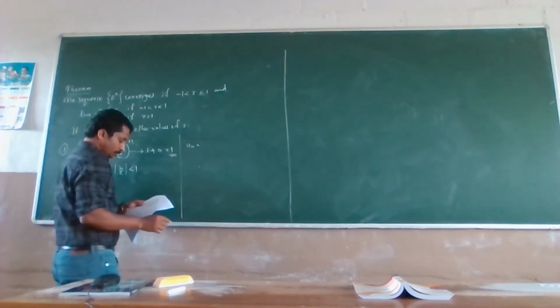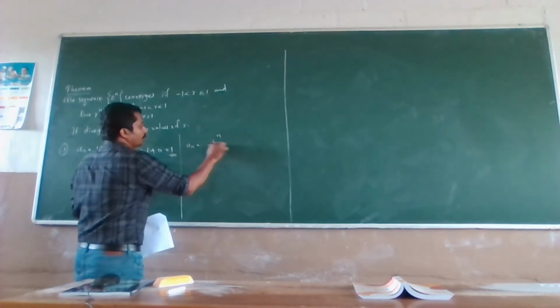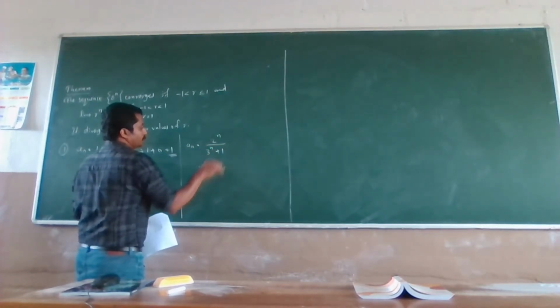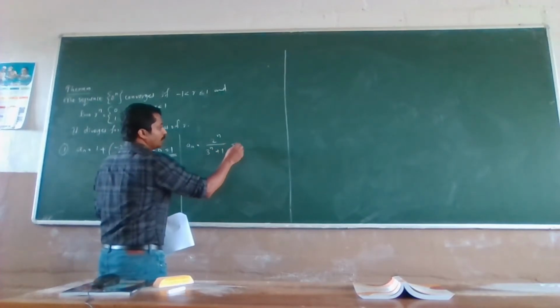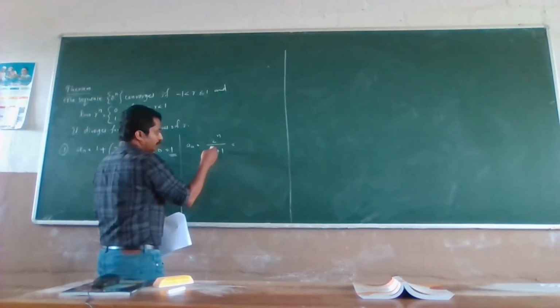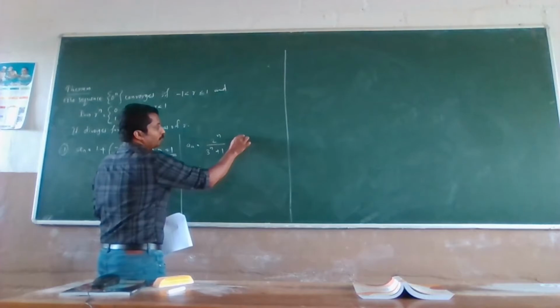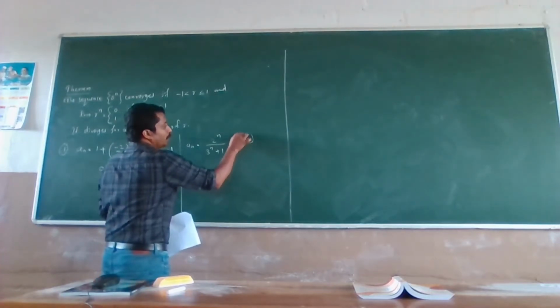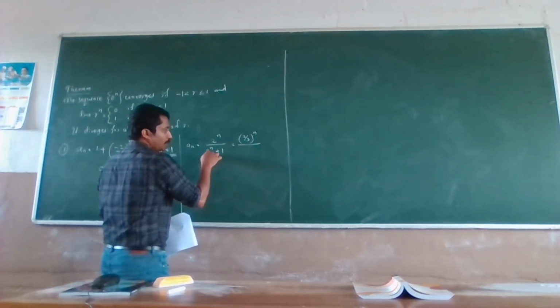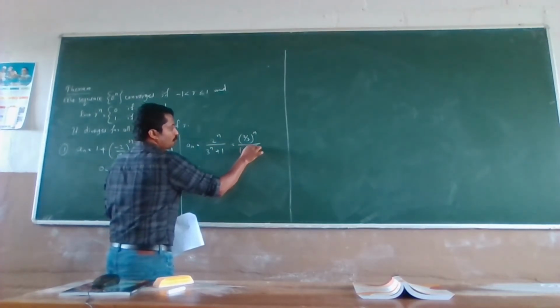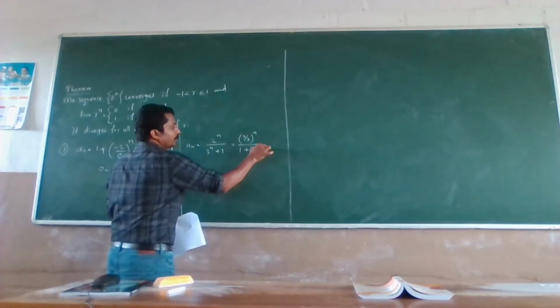a_n is equal to 2 raised to n divided by 3 raised to n plus 1. Now we can rewrite this, dividing the numerator and denominator by 3 raised to n, we get (2/3) the whole raised to n divided by (3/3) the whole raised to n, which is 1 plus (1/3) the whole raised to n. Right?